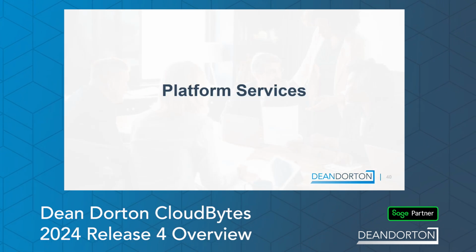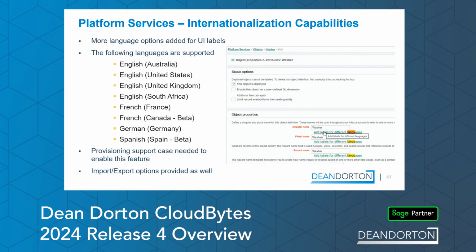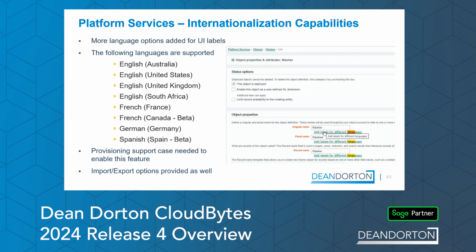Platform services. Let me scroll ahead here just a second. All right, platform services. Internationalization capabilities. And basically what this comes down to is, as Sage Intacct becomes more internationalized and shows up in more countries, one of the things that you obviously have to provide a path for is the labels in the user interface.